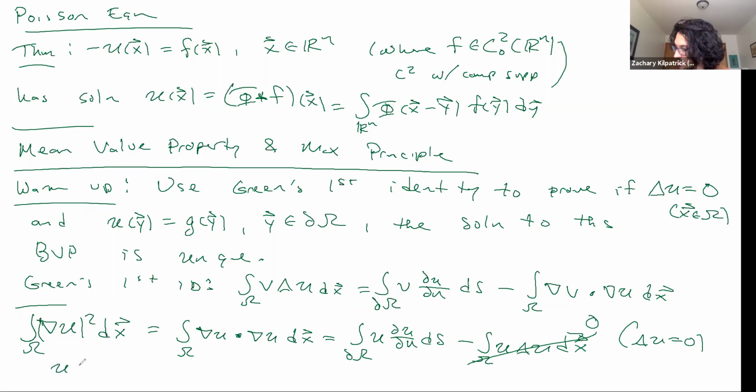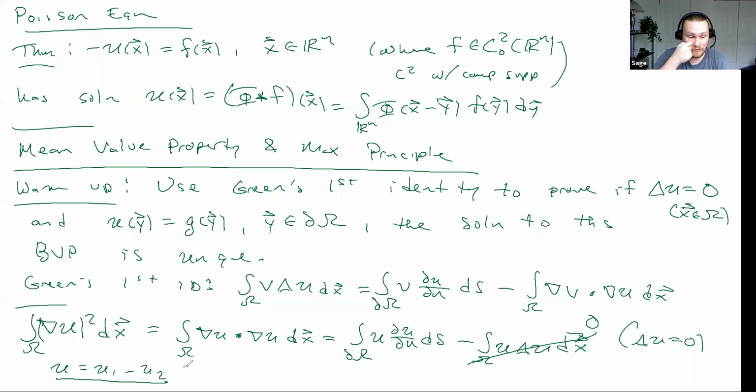So you're assuming here that u equals u1 minus u2. Yeah, sorry, I could have started there. That's cool. Since the integral on the left is over the boundary, we know that u is 0 in that integral, so that integral is 0 too.